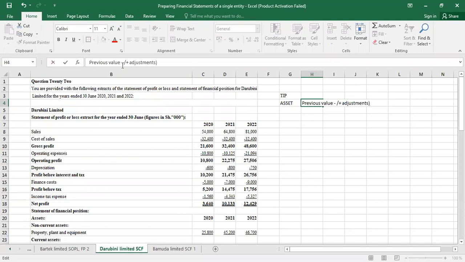Then you less the current value, isn't it? And if it's a liability, you start with opening brackets, it will be current value minus stroke plus adjustments, close bracket, minus previous value.